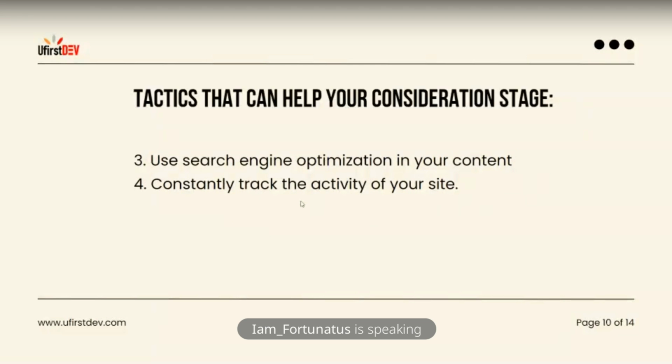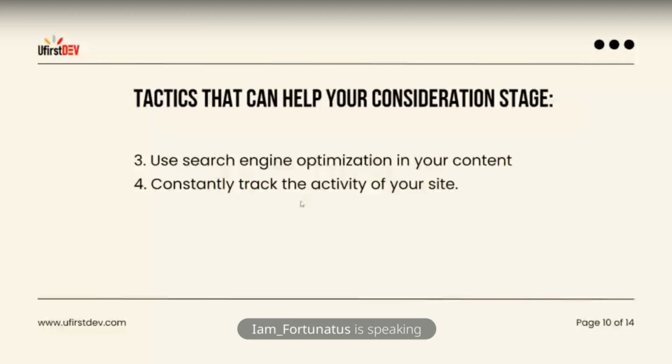Make sure you use the third one I'm talking about. Make sure you use SEO, which is search engine optimization, in your content. Make sure you search for relevant keywords that can make your content rank higher on Google search, so that when people search for similar projects, products or services, your website will be among the first set of results it brings out.